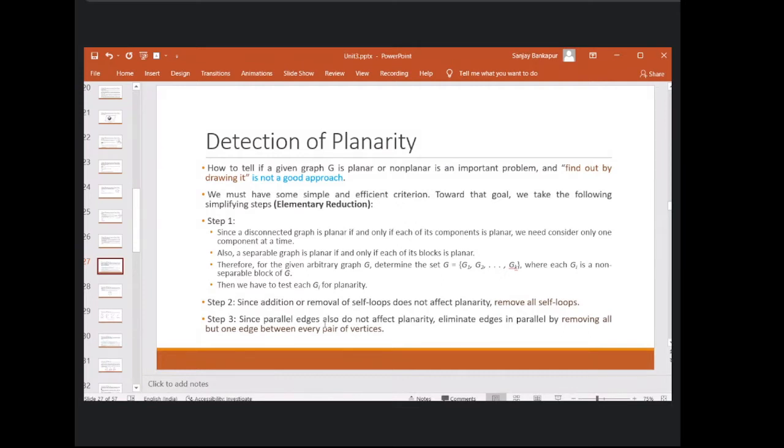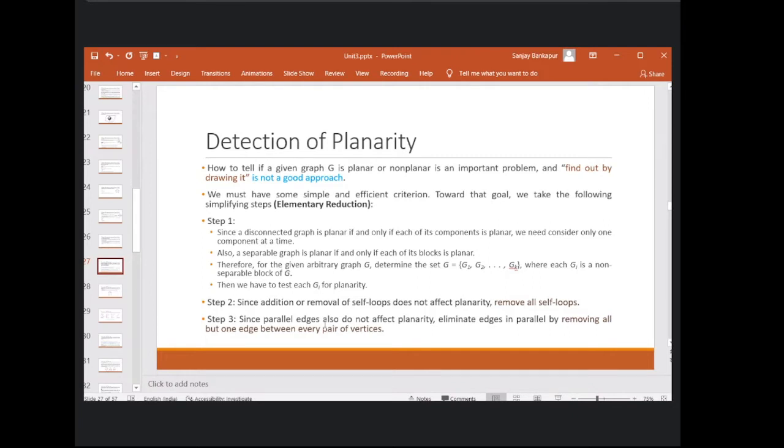If the inequality doesn't hold, definitely we can say it is a non-planar graph. If the inequality holds for the reduced graph, then comes the step of trying to further reduce or to create a homeomorphic graph. Homeomorphic to which graph? K5 and K3,3. K5 and K3,3 are the two non-planar graphs. Why do I say subgraph?